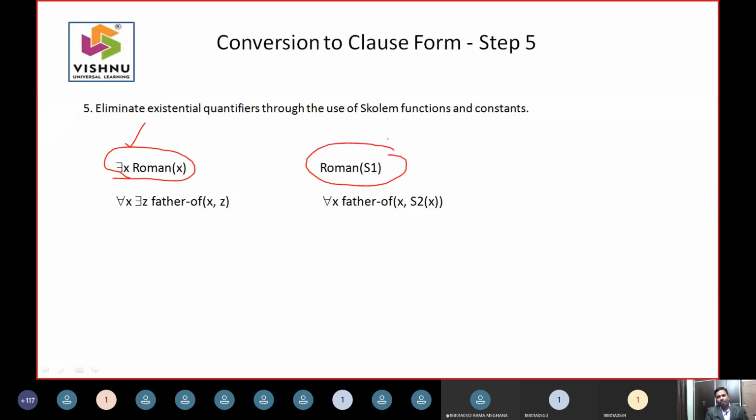At this moment you are assuming it as s1. Or if you see this z, this is the existential quantifier. You said the output of this function is a specific value, or you can use z1.